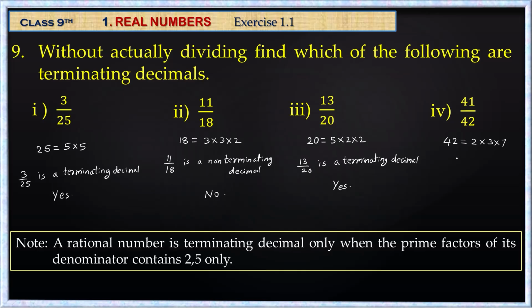So as per the clue, it is non-terminating. So 41 by 42 is a non-terminating decimal. So we can say it is no. In this way we can say a rational number is terminating or non-terminating by knowing the prime factors of its denominator.